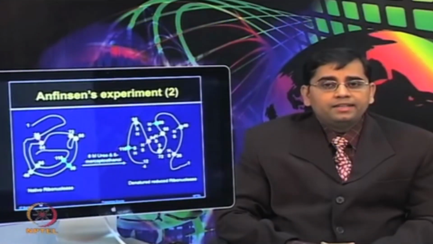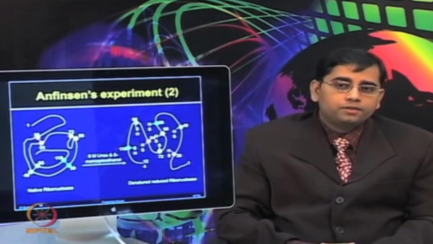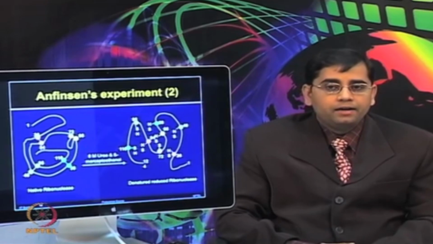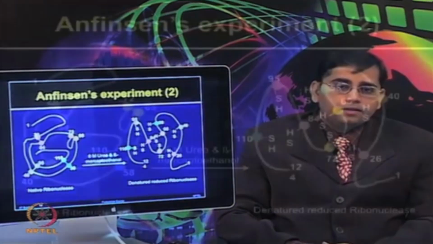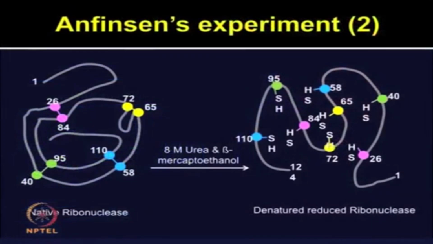The ribonuclease native conformation is lost when it was treated with 8 molar urea and beta mercaptoethanol. As you can see here, the native ribonuclease has formed denatured reduced ribonuclease due to the breaking of disulfide and non-covalent interactions.